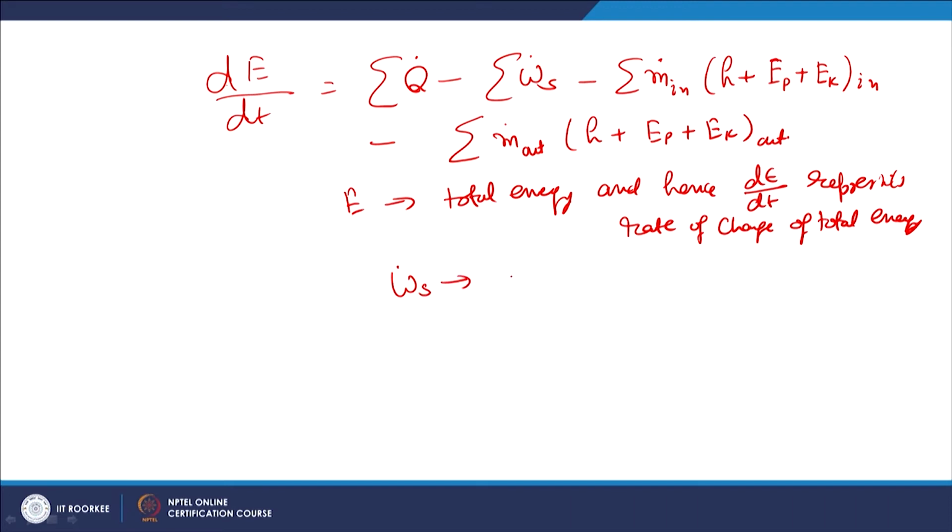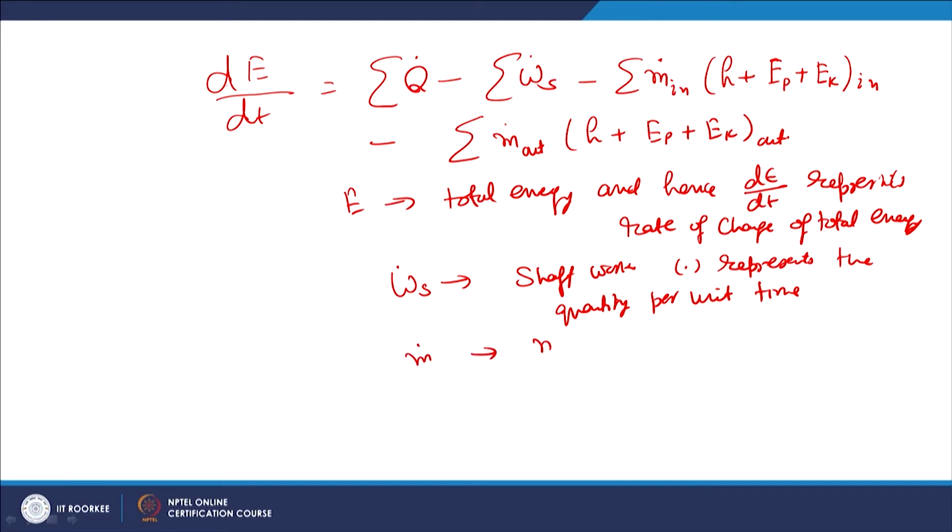Ws is the shaft work, and the dot over a quantity represents the quantity per unit time. m represents the mass flow rate of the fluid.